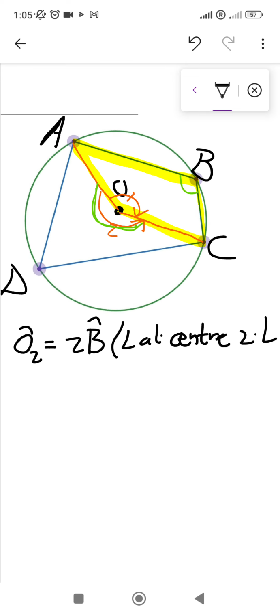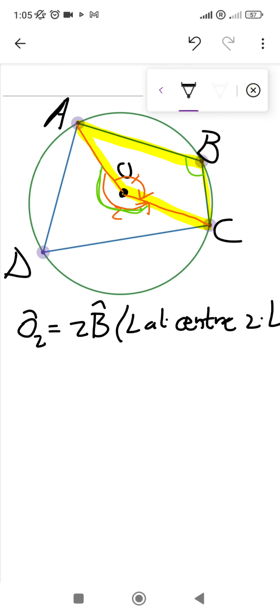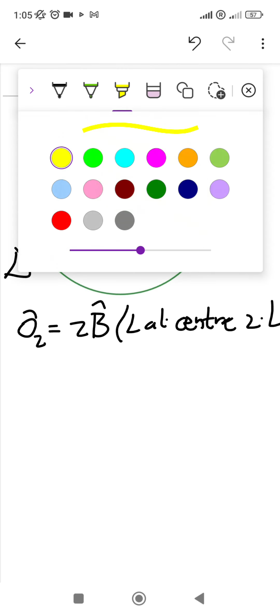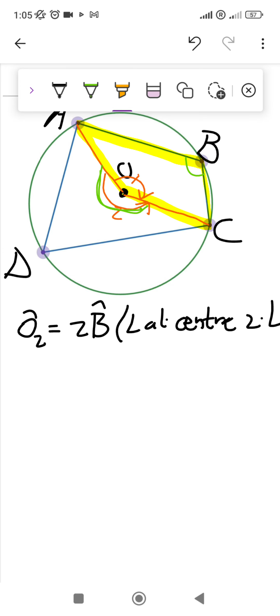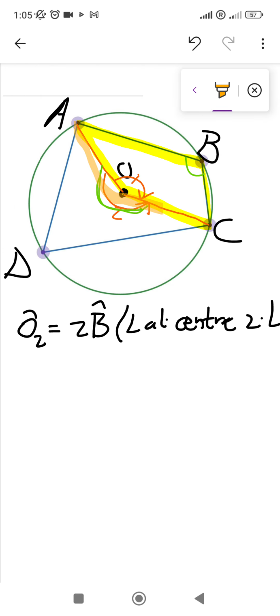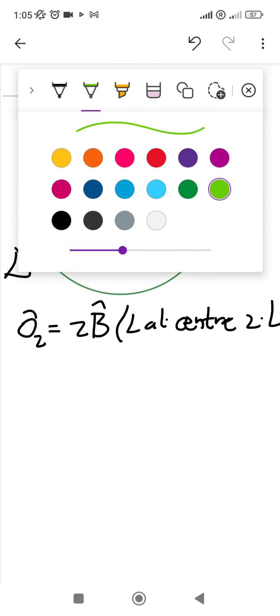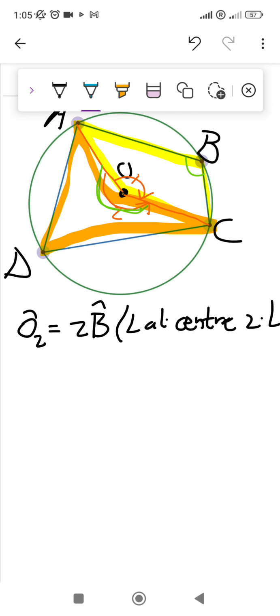Great. Right. Then we are going to look at the shape on this side over here. Again, theorem 2, right? Theorem 2 tells us the angle at center.